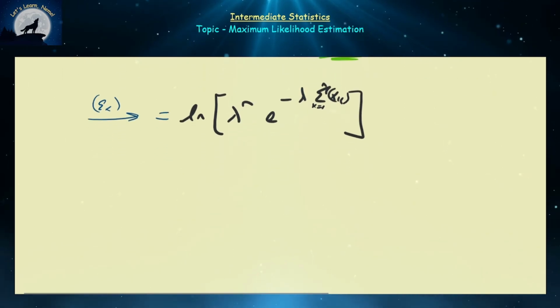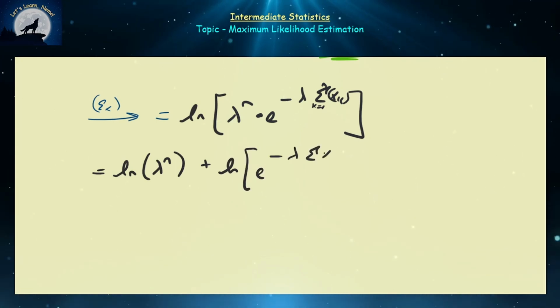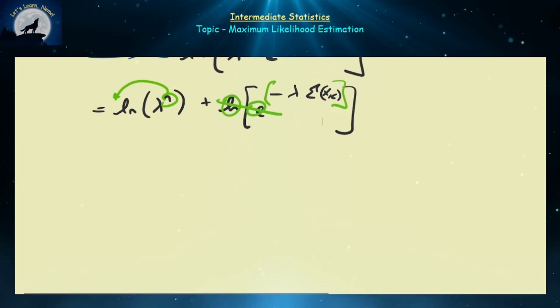We can decompose the natural log of a times b as the natural log of a plus the natural log of b. So that's equal to the natural log of lambda to the power of m plus the natural log of e to the minus lambda sum of xk. Notice that this exponent can come down by properties of logs, and the natural log and e are inverses of one another, so they eliminate, dropping that exponent down to the ground.